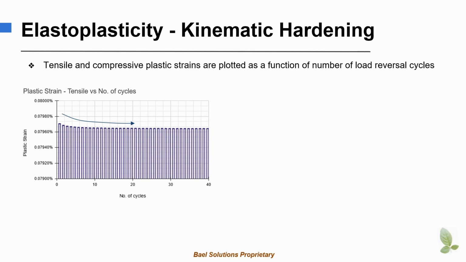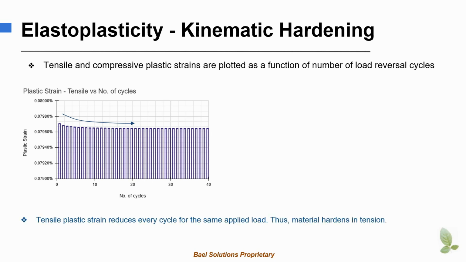As we can note, the plastic strain goes on reducing with increase in the load reversal cycles. This indicates that lesser plastic strain is developed with the same level of applied load or stress. Thus, the specimen hardens in the tensile direction.